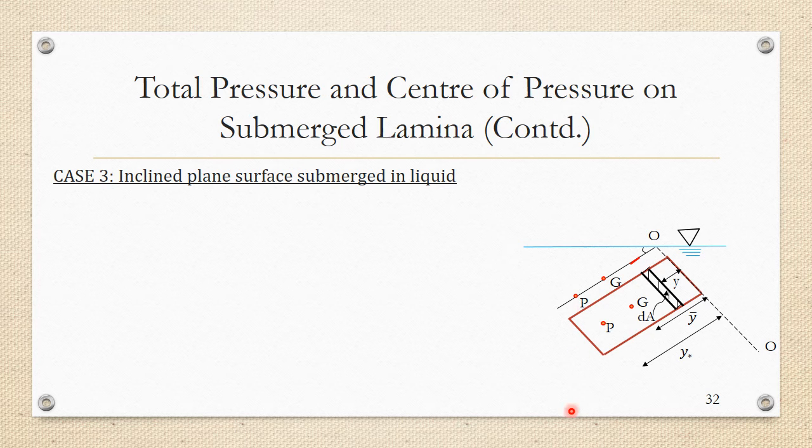So now I am taking the small strip dA, and there is a small pressure force dF acting on it, perpendicular to it. Now dF is nothing but the pressure force acting on the small element dA, and so the small pressure force dF is given by rho gh into dA.